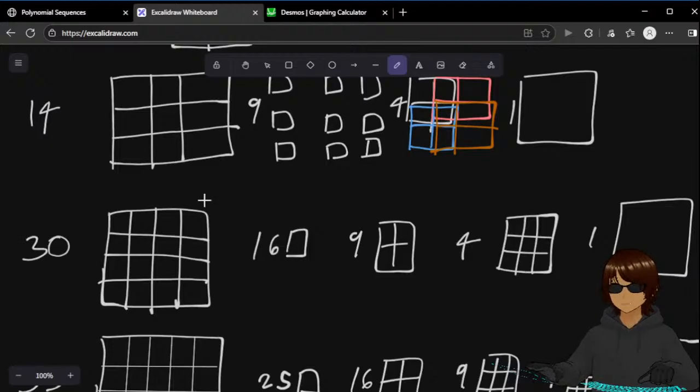Let me think about how to do this. 1, 4, 9, 16, 25. Okay. The big square only appears once. Going one unit smaller, we can shift the square in 2 by 2 spaces, right?